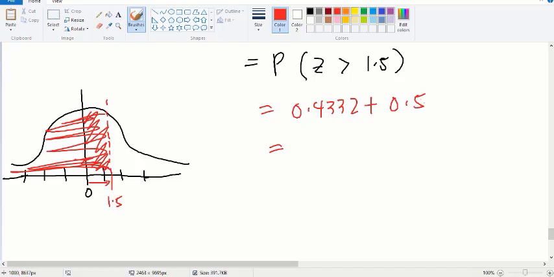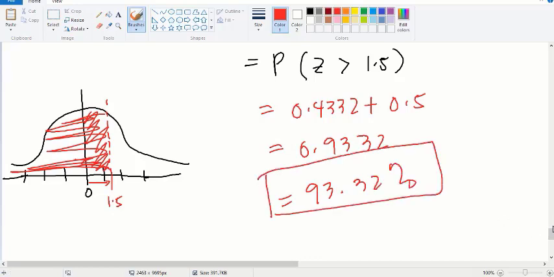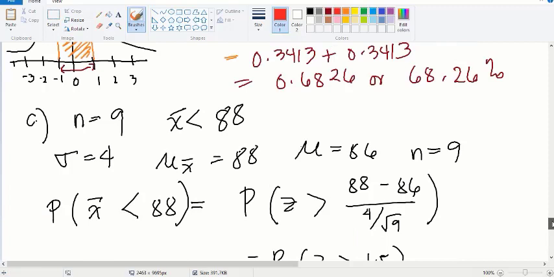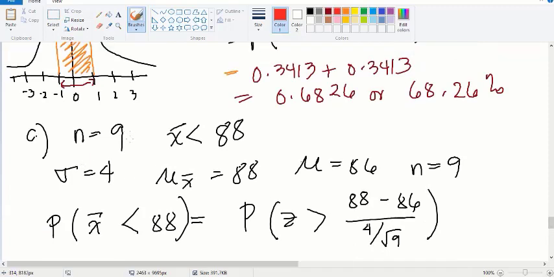So, that should be 0.9332. Tama ba? I think so. Feeling ko tama siya. Pero just in case, i-calculate ko na lang. Okay, tama nga. Anyway, so that means 93.32% probability, ang chance na yung mean ng grade ng 9 na students na yon ay less than 88.